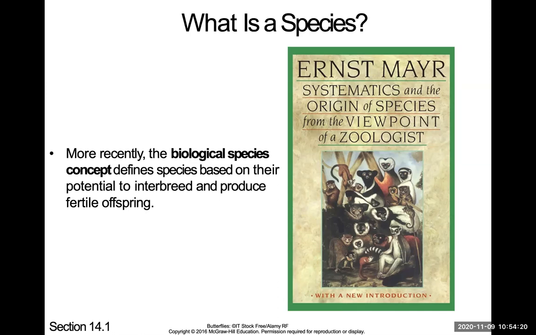So in that case, we can just look at their fossils or what we find, and then we have to separate them based on the way they look. So that's the morphological species concept. When we cannot test this, we have to depend on another concept to see if they're the same species or different species.